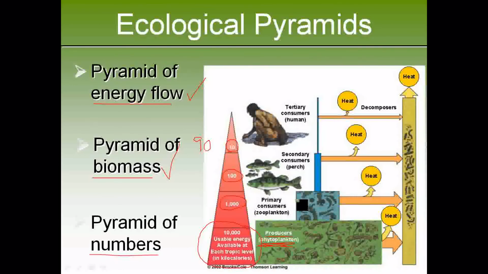This 90-10 rule of thumb occurs whether you're counting the amount of energy in the ecosystem, whether you're counting the amount of kilograms in the ecosystem, how much things weigh at each level, or whether you're actually counting the number of organisms in the ecosystem. The 90-10 rule applies.